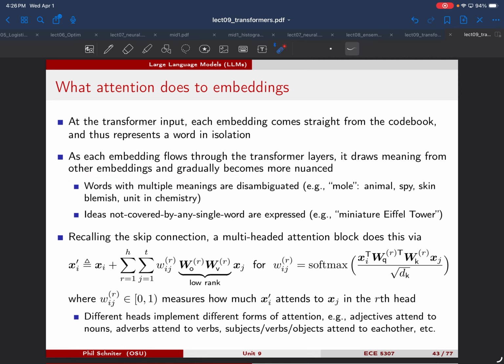So for example, if you have the word mole in the context, at the beginning, mole can mean many different things. It could be an animal, it could be a spy, it could be a skin blemish, it could be a unit in chemistry. You don't really know what it is until you start processing it with the remainder of the context by the transformer. And as you go through the layers, you figure out which of these things it really means in that context.